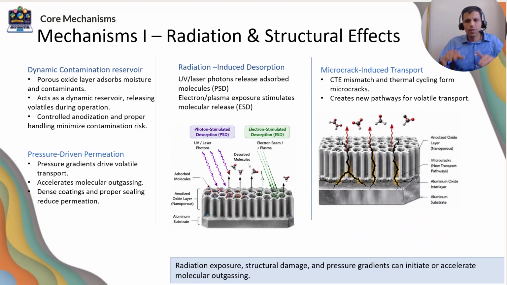Due to pressure differences, when the unit is at one particular pressure, all the volatiles and moisture are inside, and the outside pressure differs, so they permeate through the oxide layer, escape and outgas due to this pressure load. That's one kind of mechanism where molecular contamination happens.